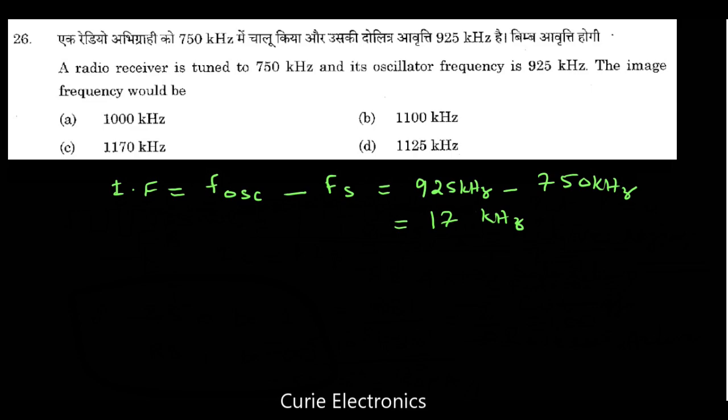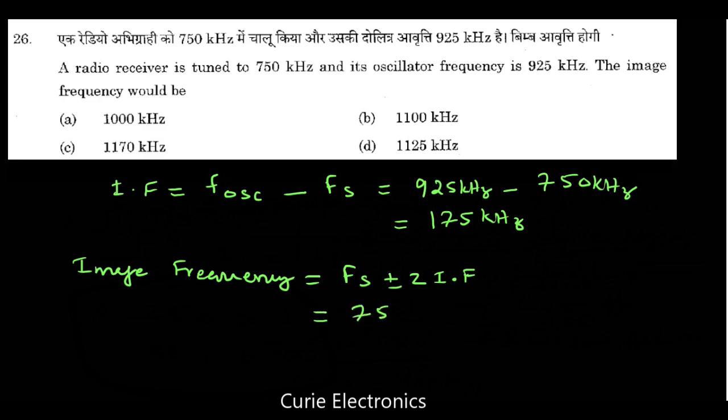Now, what is the image frequency? Image frequency equals the signal frequency Fs plus 2 times the intermediate frequency, IF. Our signal frequency here is 750 kHz plus 2 times the IF, that is 175 kHz, so 350.